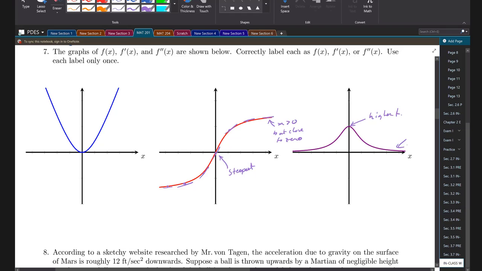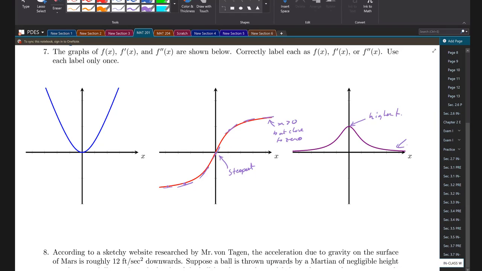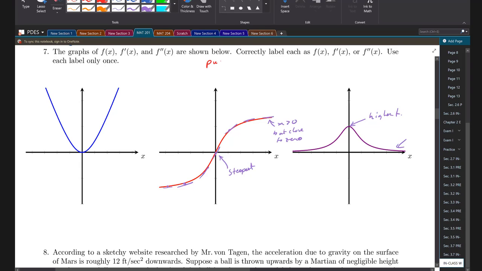The purple function is still positive, but it's getting closer and closer to 0. That's because the original curve, red, is getting closer and closer to horizontal. Okay. So I believe that purple is red's derivative.